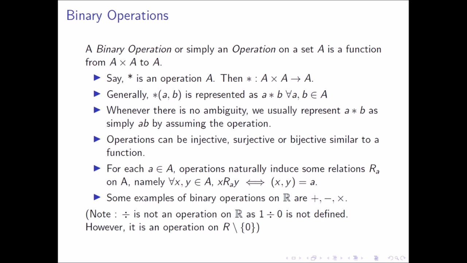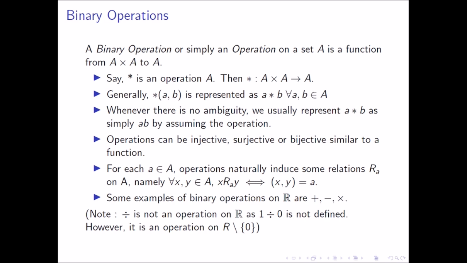So an operation is a function from the cross product of a set to itself, to the set. Generally, to simplify the notation, we represent star(a, b), the general notation for a function, as a star b for all a, b in A. So it's the common notation.